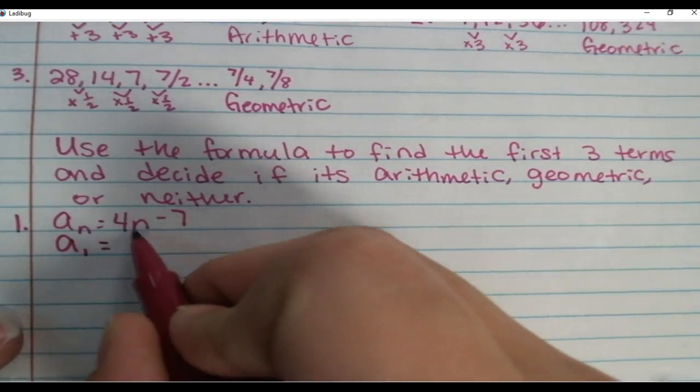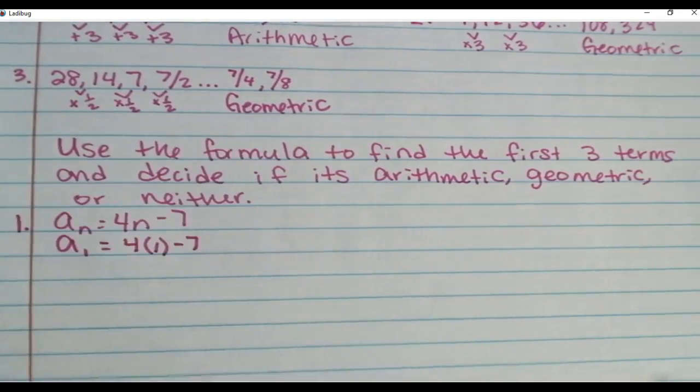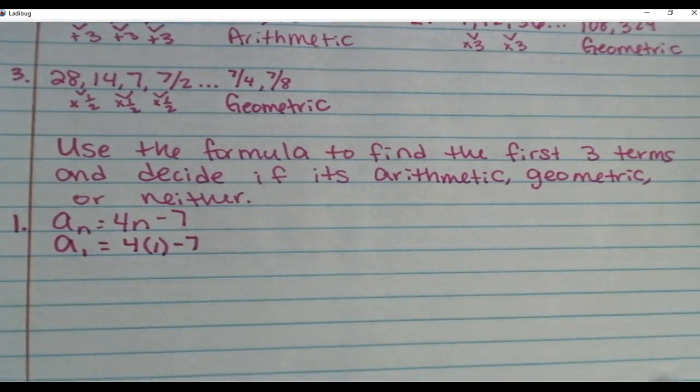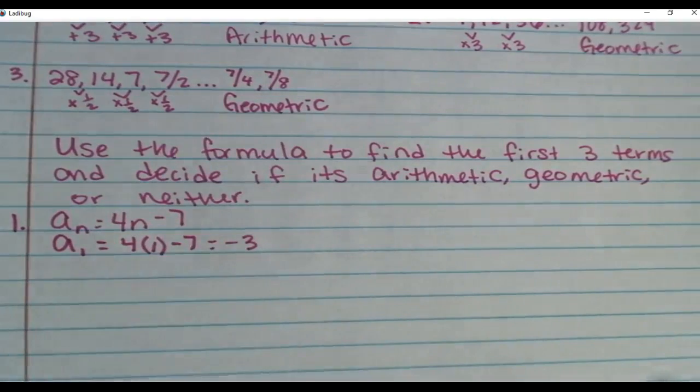And then to find it, we plug 1 in for the n. So 4 times 1 minus 7. And what does that give me? Negative 3. Good. So then my first term is negative 3.